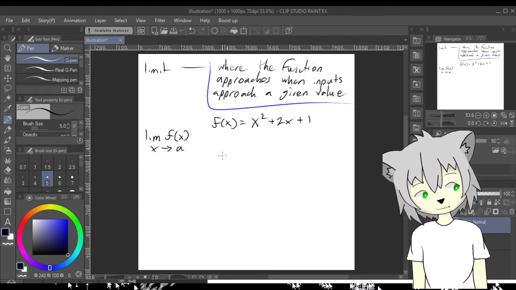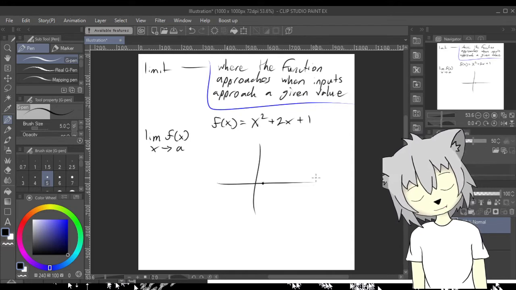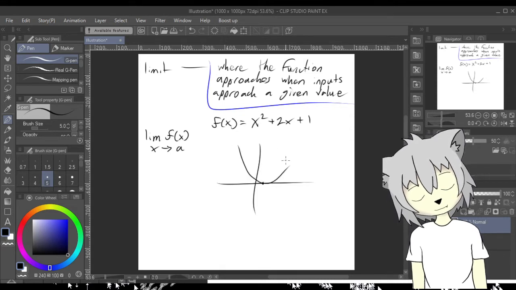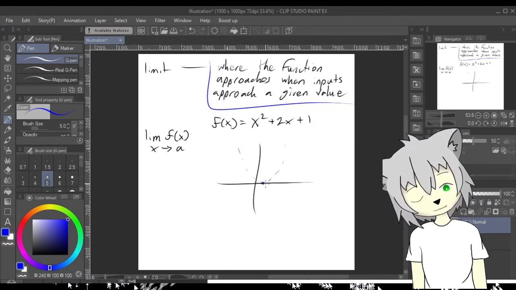And I believe the graph is basically at 1, the bottom of the graph just touches that part.